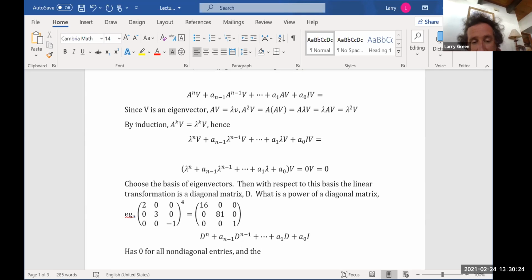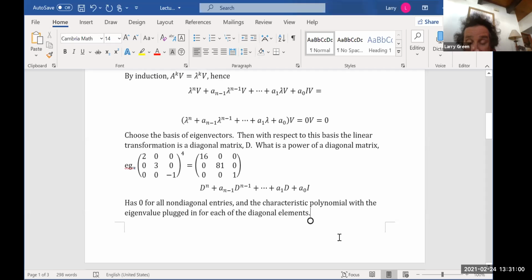And the diagonal entries are the characteristic polynomial with the eigenvalue plugged in for each of the diagonal elements. Any questions on that?